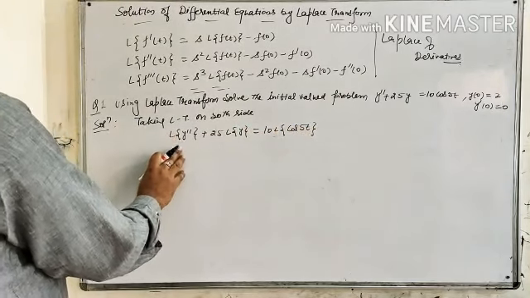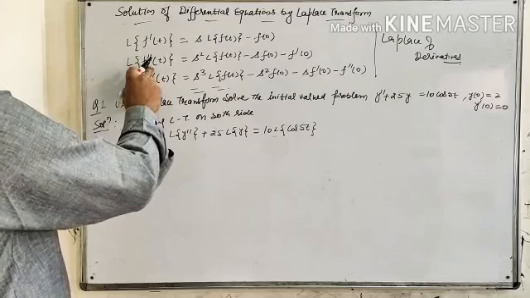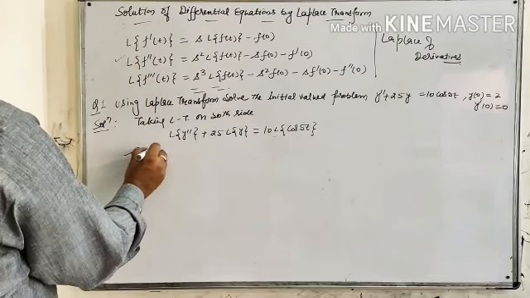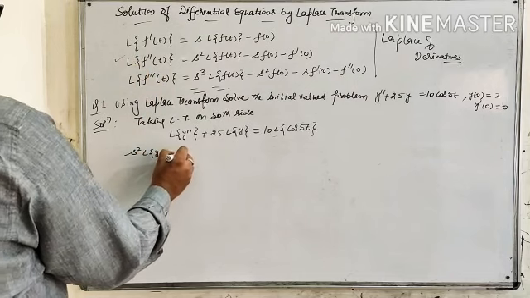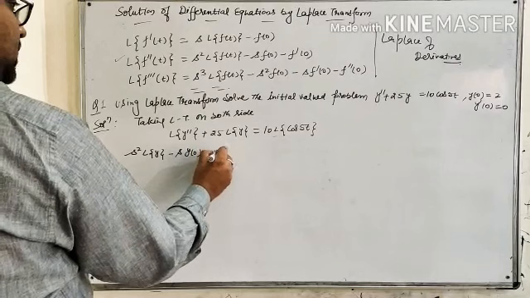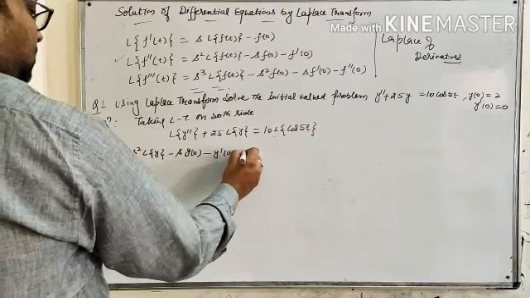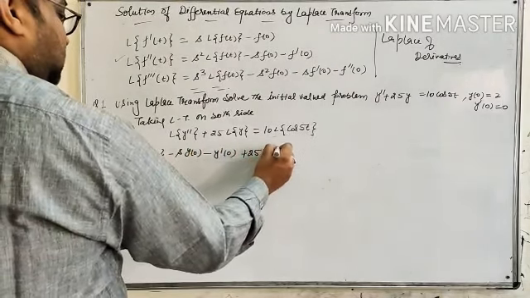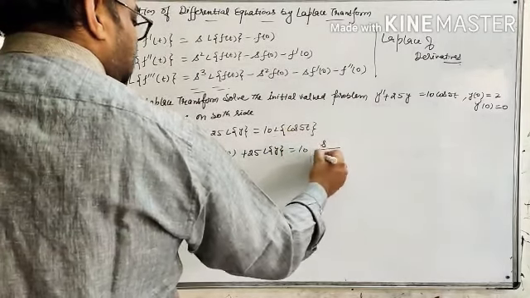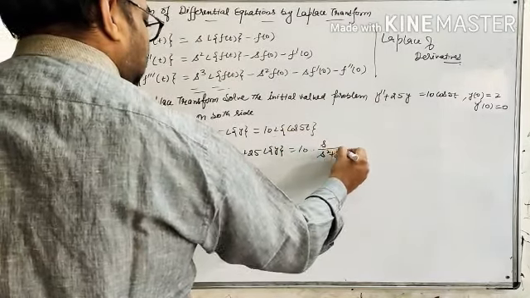Laplace of y double dash is s square Laplace of y minus s y(0) minus y dash 0, plus 25 Laplace of y remains as it is, and Laplace of cos 5t is s upon s square plus 25.